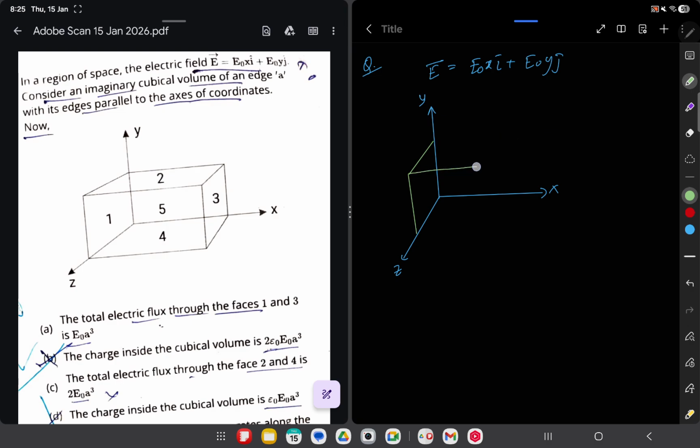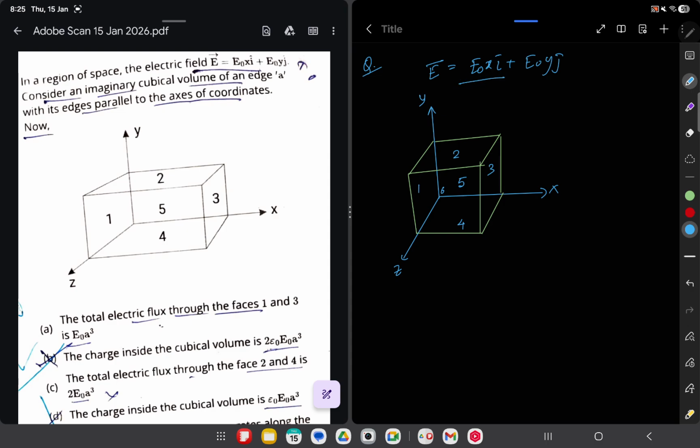This is basically a cube of edge a, and these are the side faces given as 1, 2, 3, 4 and 5. The sixth face is not given, so I am assuming the front face is the sixth.